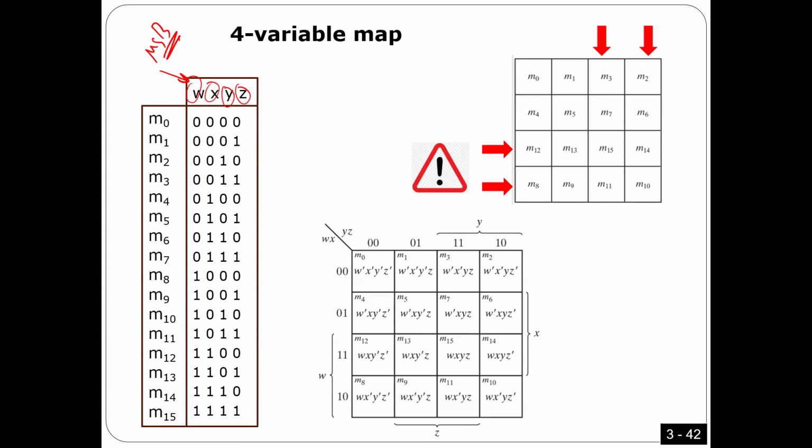Order is important: W, X, Y, Z. This is the area of W. What does it mean? If you see all the minterms here, they all have W, because this is the area of W. Anything else is the area of W prime, so all these terms have W prime. This is for W, which is the most significant bit.